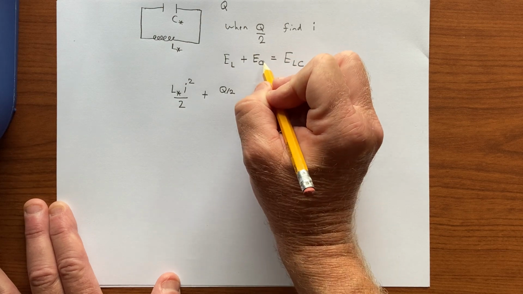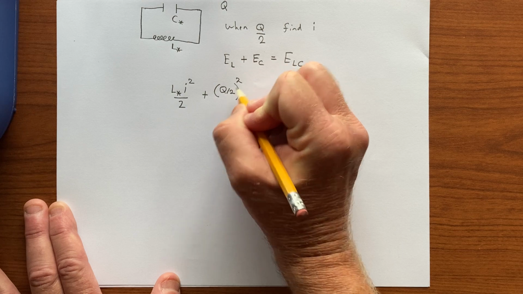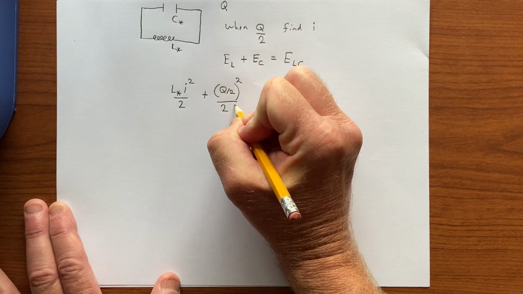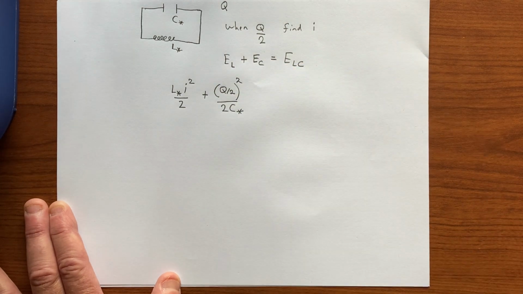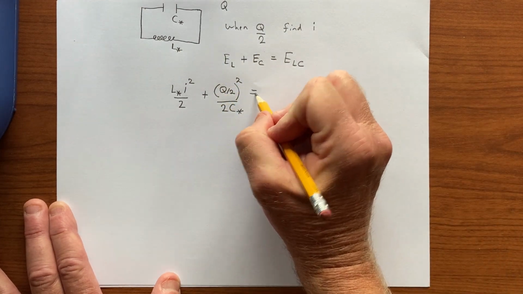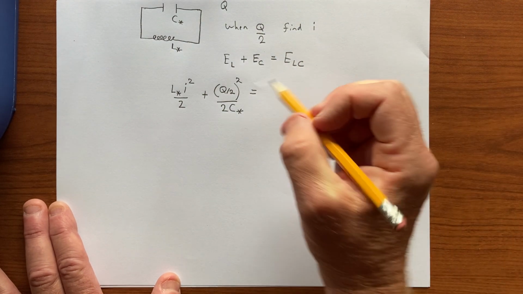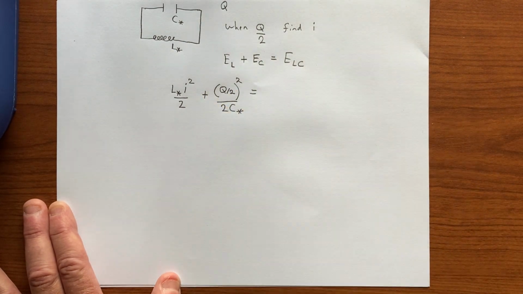EC goes like charge squared over 2C, so we have to square this, divided by 2C star. So everything here is known. We have to have a known value for the total energy in order to use this to solve for the unknown I. There must only be one unknown.